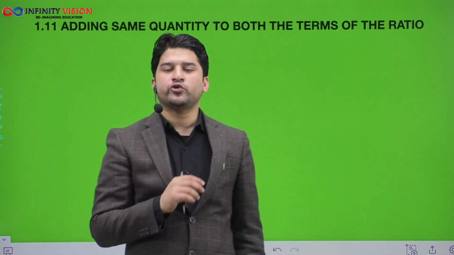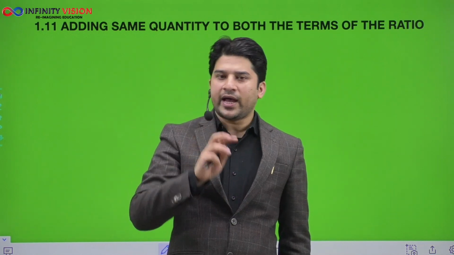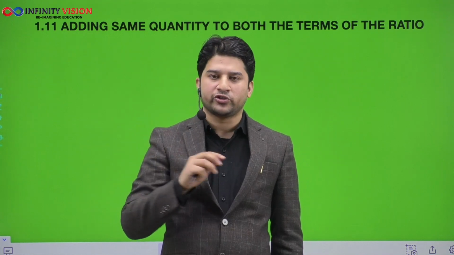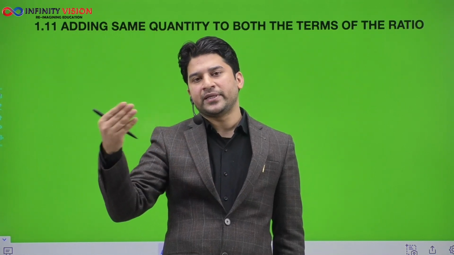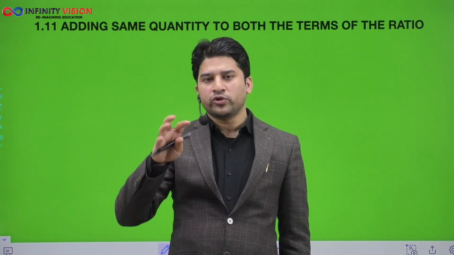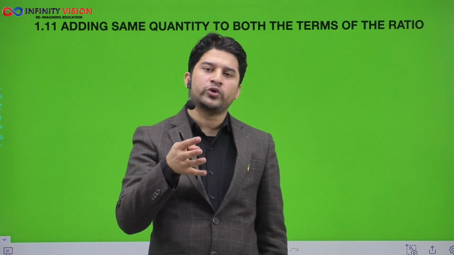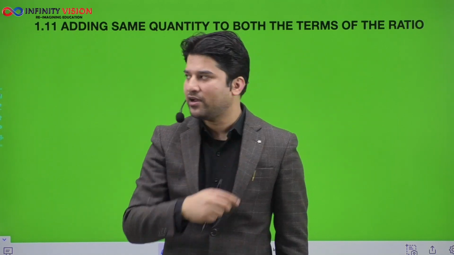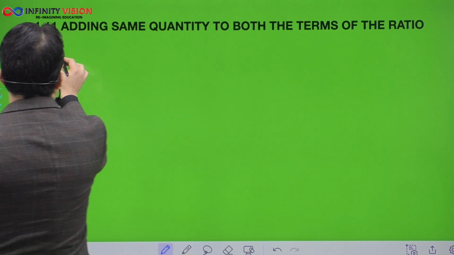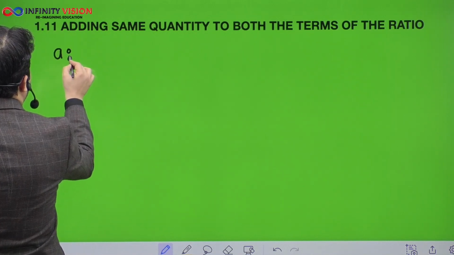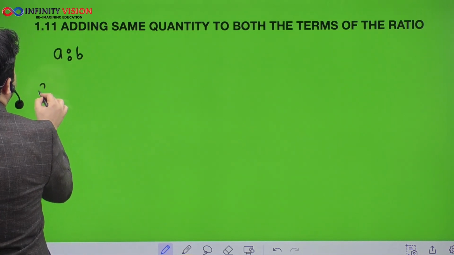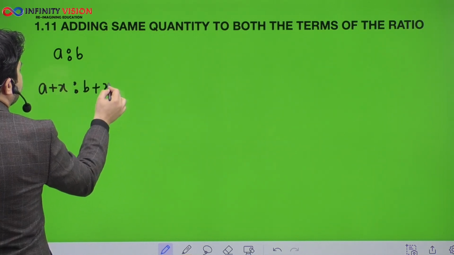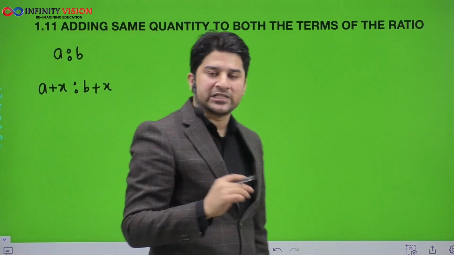Let's say you have a ratio A is to B, and you add some quantity X to the antecedent as well as the consequent of the ratio. So you will get a new ratio A plus X is to B plus X. Now the question arises whether the new ratio is bigger or smaller than the previous ratio. Let's see how we are going to analyze it. Let's say you have the ratio A is to B, and the other ratio A plus X is to B plus X, since we have added the same quantity to the antecedent as well as consequent.